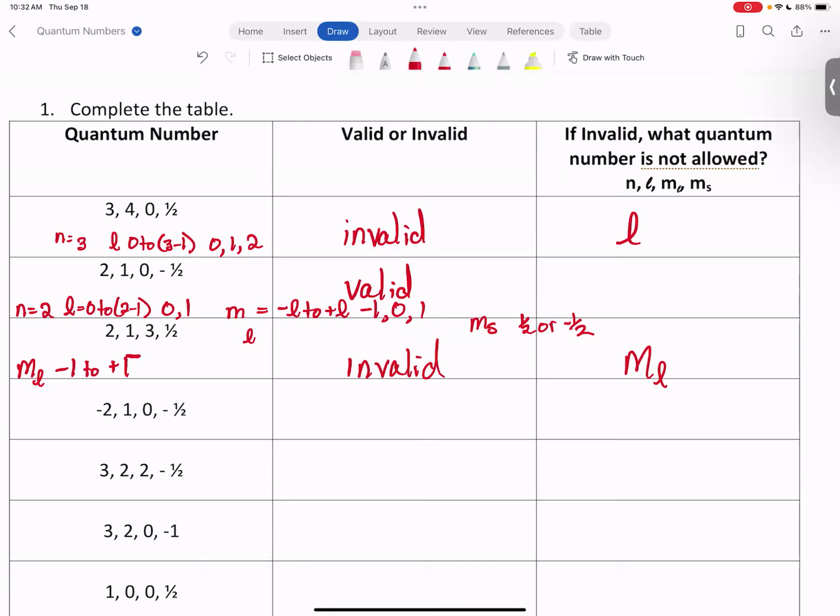Therefore, it couldn't be 3. Tell me about the next one: -2, 1, 0, -1/2. Decide if it's valid or invalid.